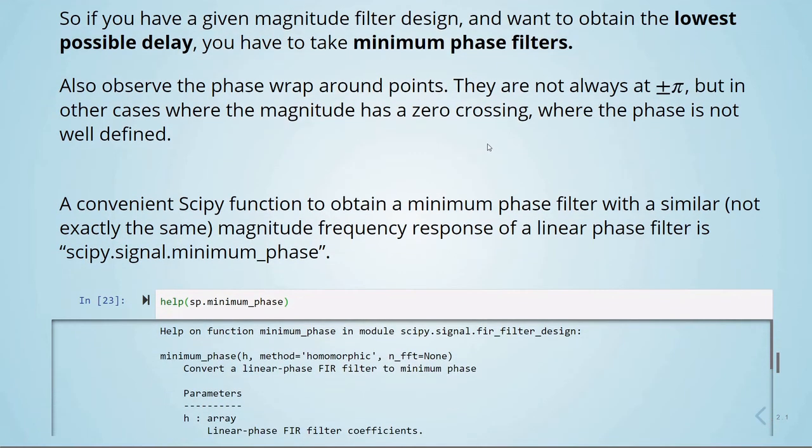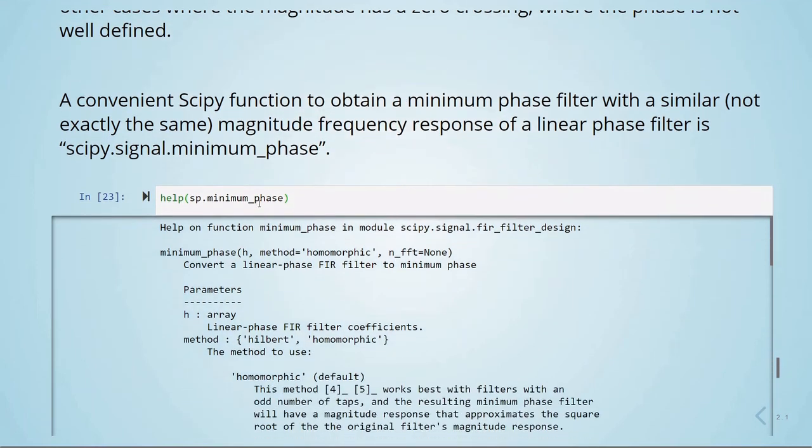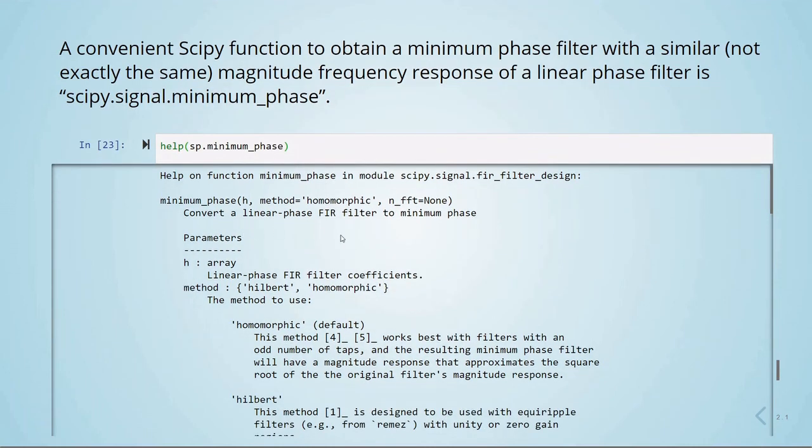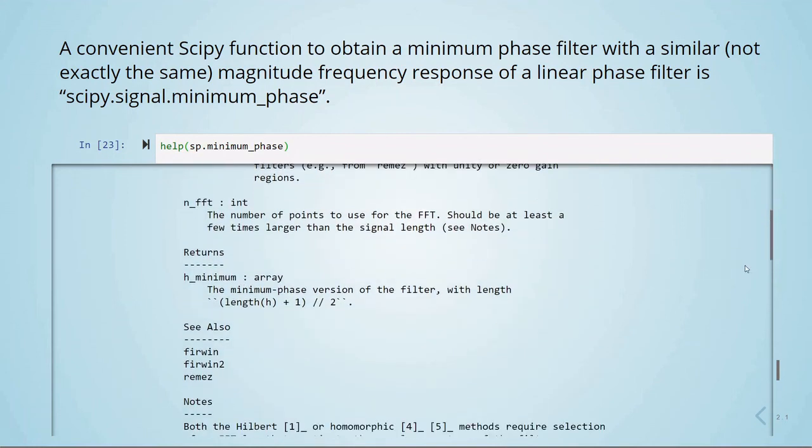So a convenient SciPy function to obtain a minimum phase filter with a similar, not exactly the same, magnitude frequency response of a linear phase filter is this scipy.signal.minimum_phase. So here you can take a look at the help function. It takes some arguments, it returns the minimum phase version of the filter.